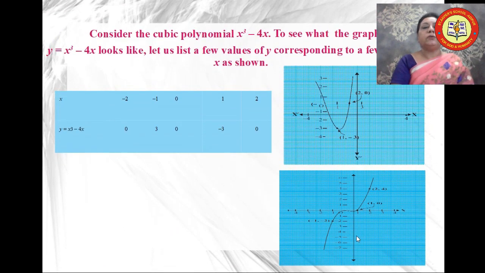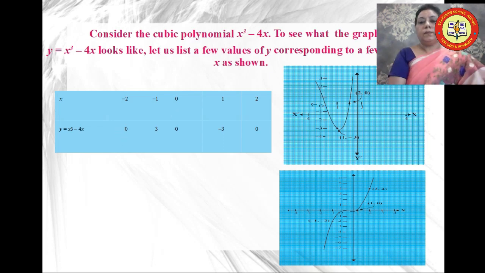Let's talk about the geometric representation of a cubic polynomial. For example, here x cube minus 4x. As usual, take a few values of x, substitute in the given polynomial and calculate the corresponding values of y. Substituting the values of x as minus 2, minus 1, 0, 1 and 2, you can calculate the corresponding values of y.